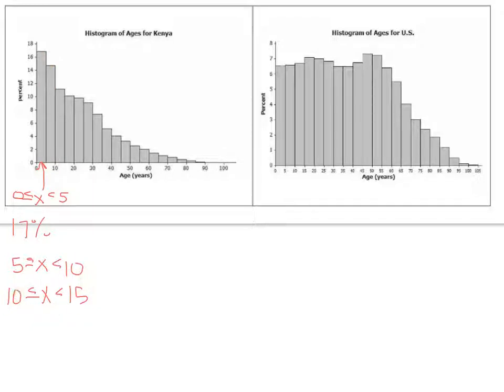This one does, 10 to less than 15, etc. So those ages are represented in intervals of 5 years along the horizontal axis. Okay, this would be an etc., etc., etc.